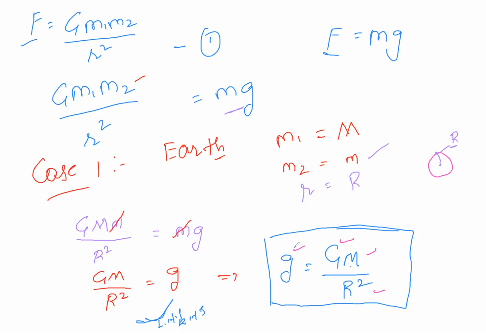So this is the relationship between acceleration due to gravity and the universal gravitational constant. The value of g, we already know, is 9.8 meter per second squared. Clear? So that is the value of g.